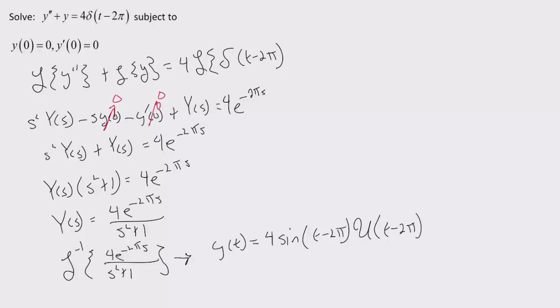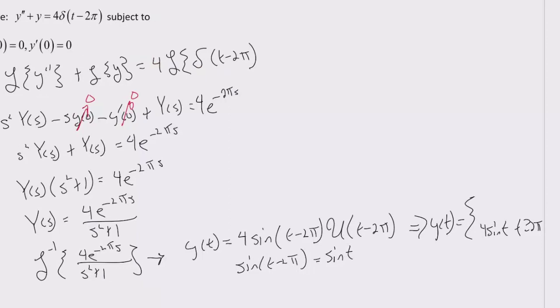And remember that sine of t minus 2 pi is equivalent to sine of t. So that means our y function is equal to 4 sine t when t is greater than or equal to 2 pi, and otherwise what does it equal?